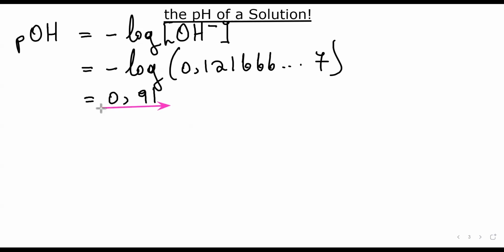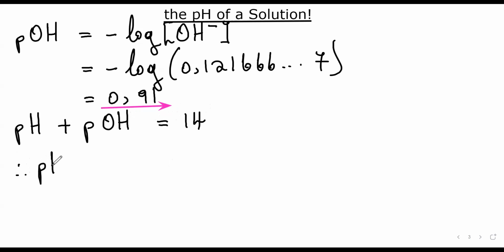But what you found here is pOH. Then you state the relationship between pH and pOH. So you know that if you take the pOH and you add it to the pH, you get 14. Which means in order for you to find the pH, you just need to say 14 minus pOH.